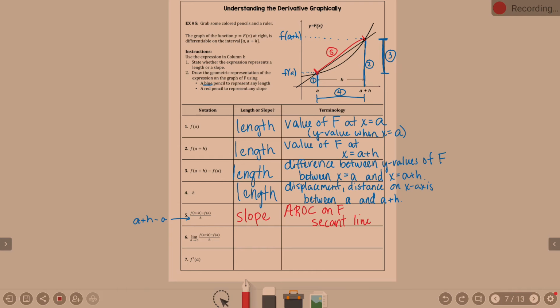It is a secant line because it is a line drawn through point A, the point at A, and the point at A plus H. It's not just a line drawn tangent to the curve. So it's like there's a point on the curve. Right.